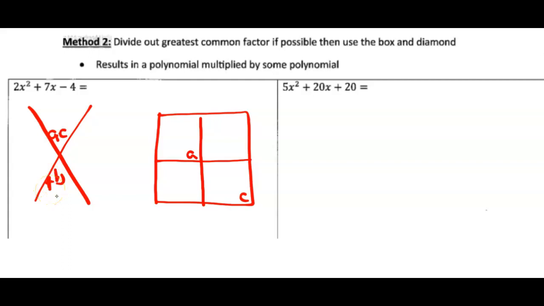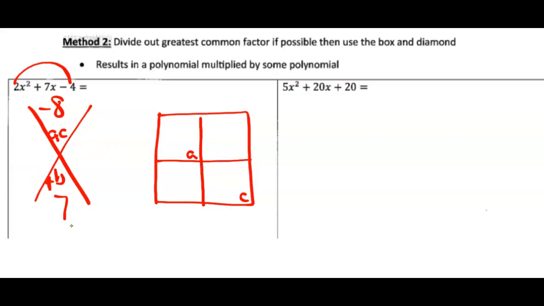Okay. So, what's my A? What's my C? My 2 is my A, and I'm going to multiply that by negative 4. I'm going to get negative 8 here. My B is 7. Now remember, we had some rules about what my signs were going to be here, which were really, really important.